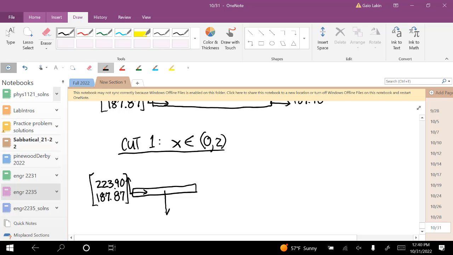So we have a downward force of 187.872 x and a force to the left of 157.644 x. And then the internal loads, T, V, and M.